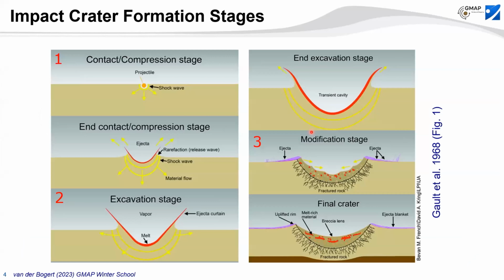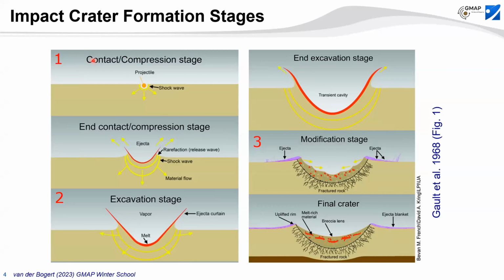And then the other thing we're going to look at in a little bit more detail are the formation stages that craters go through during crater formation, and what processes those involve and how they affect what the morphology is at the end. So just to quickly look at it in a general way, when a projectile impacts the surface, we end up with a shock wave that gets released because this is a hypervelocity event.